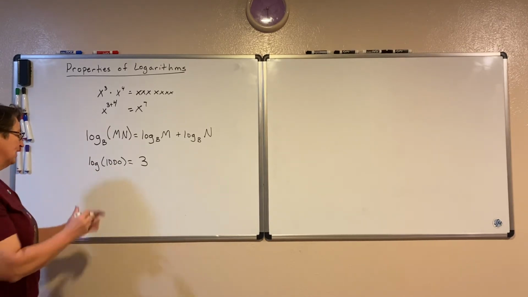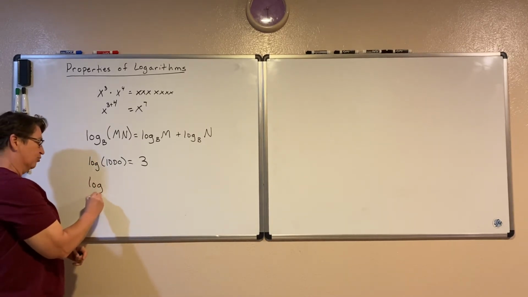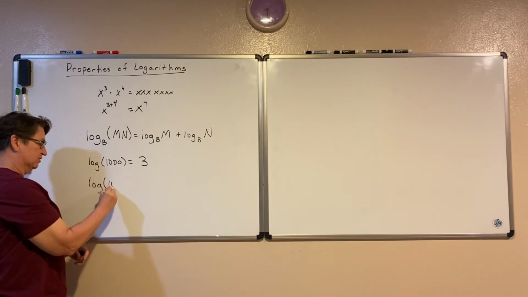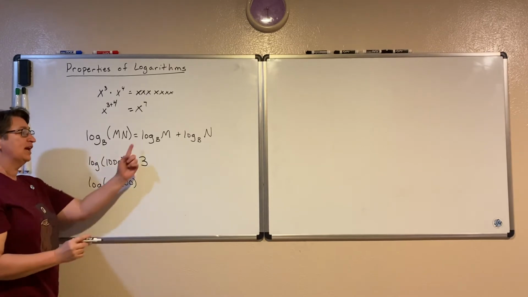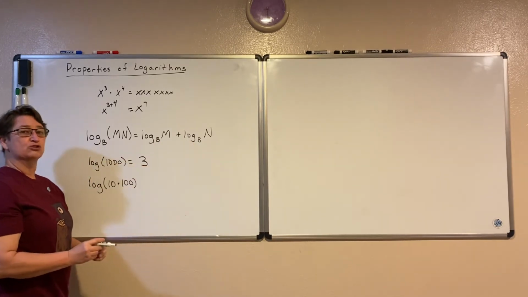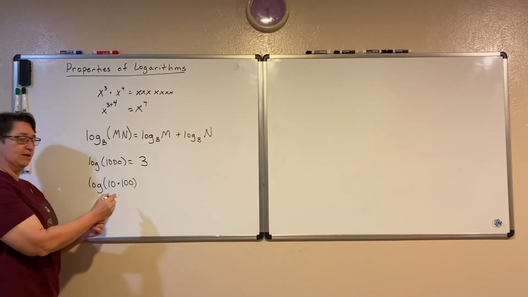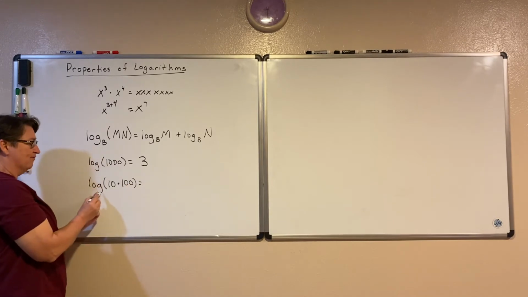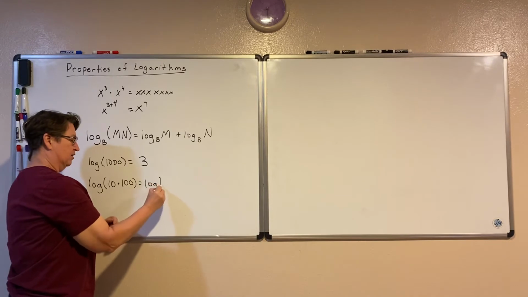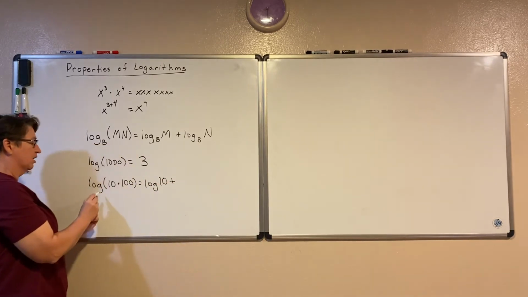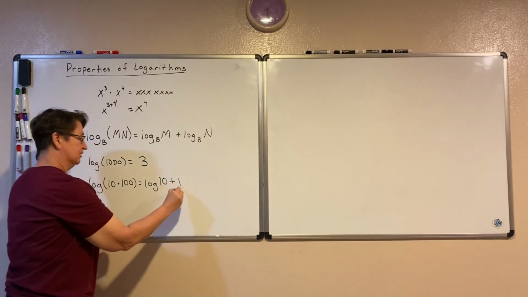I can rewrite this as a product. This is equal to 10 times 100. And then I can use my product rule, and I will get the same answer. So here I have log base 10 of 10 plus log base 10 of 100.